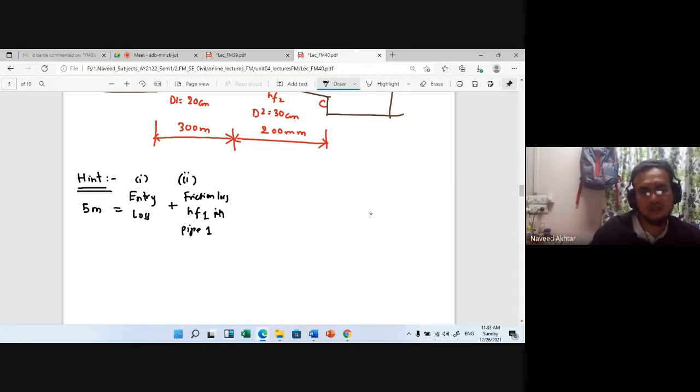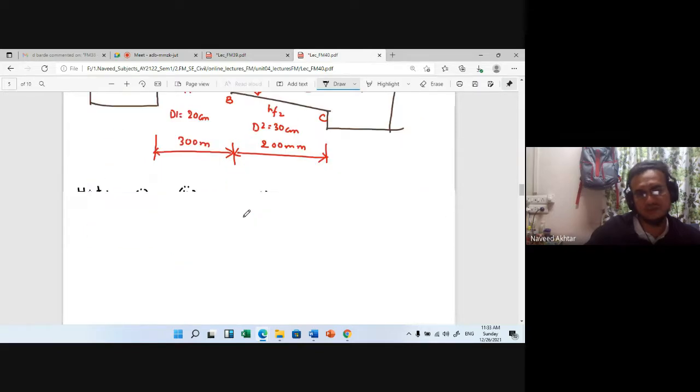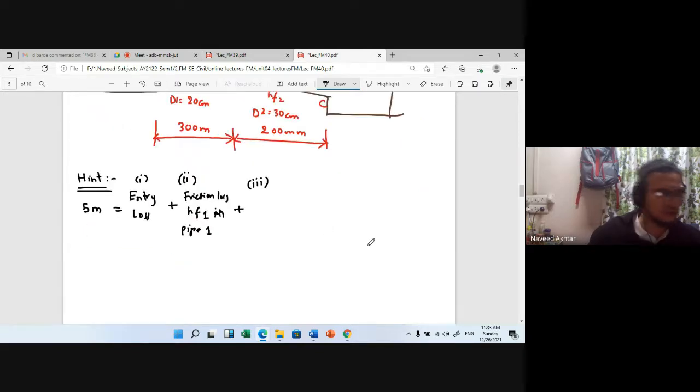Plus the third one, as you can see from the figure, is nothing but the sudden expansion of the pipe. So loss of head due to sudden expansion.